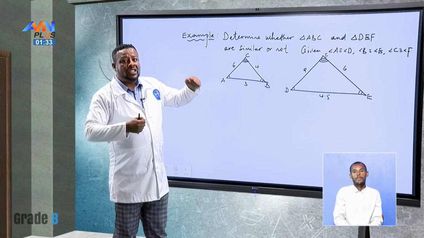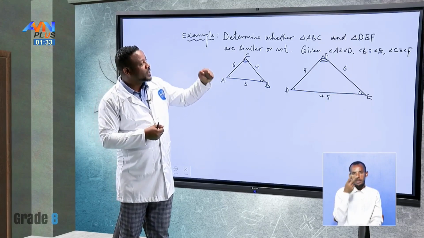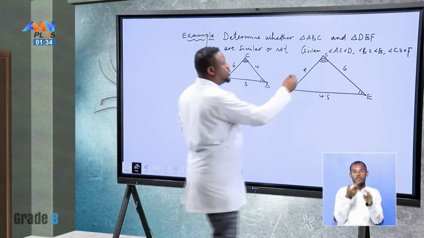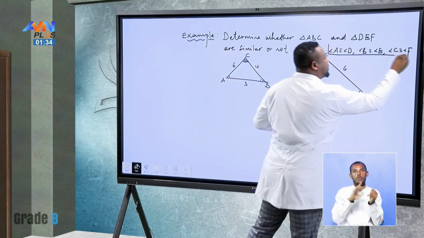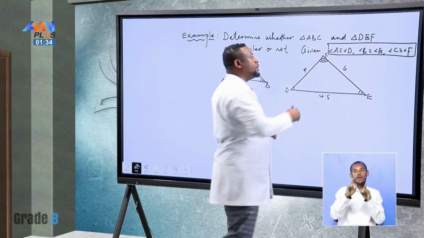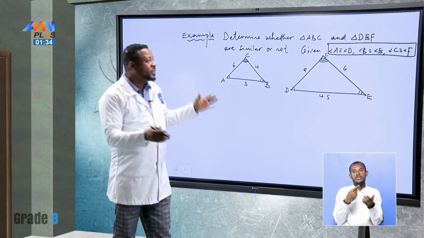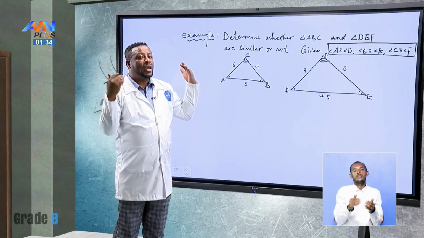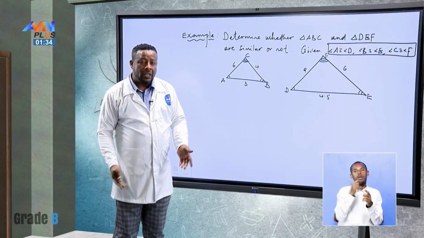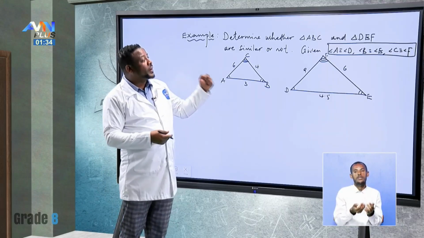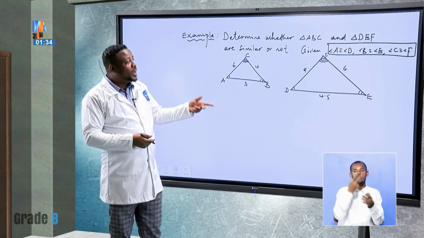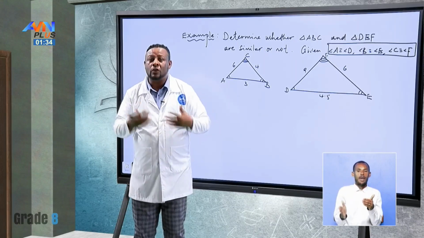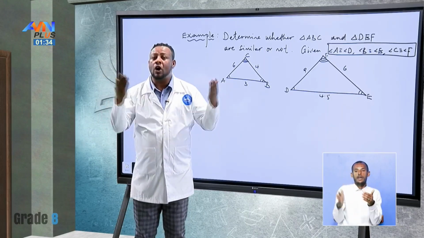So we will check whether these two conditions are satisfied or not. From the given information, we don't need to check the first condition of the definition, because all pairs of corresponding angles are congruent. So the only thing that we need to check is whether the ratios of corresponding sides are the same or not.